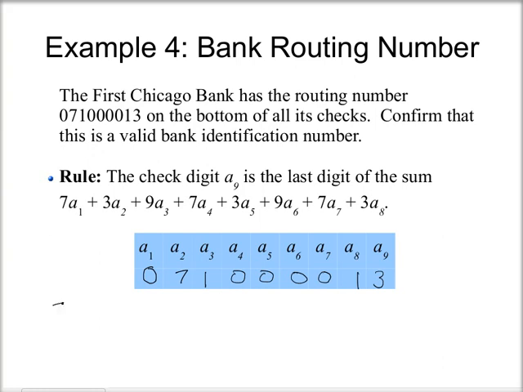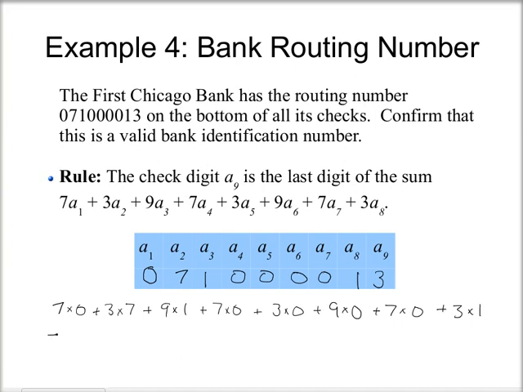So I'm going to have 7 times 0 plus 3 times 7 plus 9 times 1 plus 7 times 0 plus 3 times 0 plus 9 times 0 plus 7 times 0 plus 3 times 1.